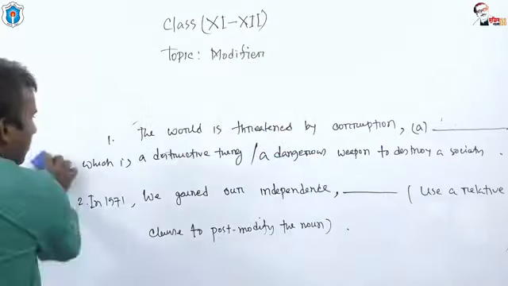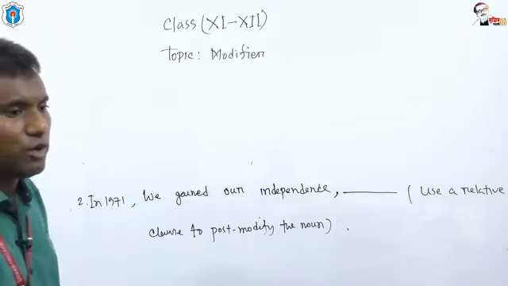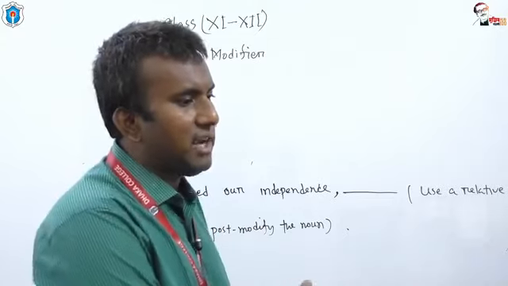And the last sentence for today. In 1971, we gained our independence. Use a relative clause to post-modify the noun. What should be the answer?